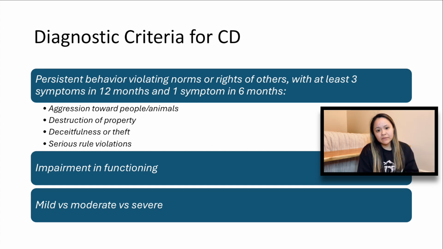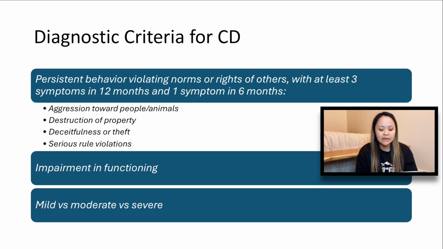Just like oppositional defiant disorder, you can categorize it into mild, moderate, and severe. Mild is when a few conduct problems in excess of those required to make the diagnosis are present, and conduct problems cause relatively minor harm to others. So lying, skipping school, skipping classes, staying out after dark.